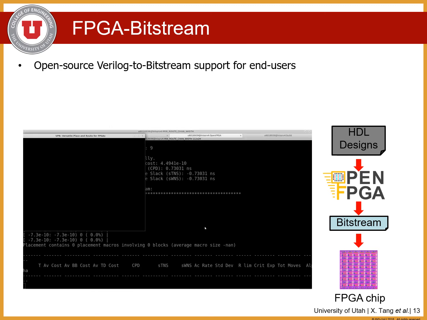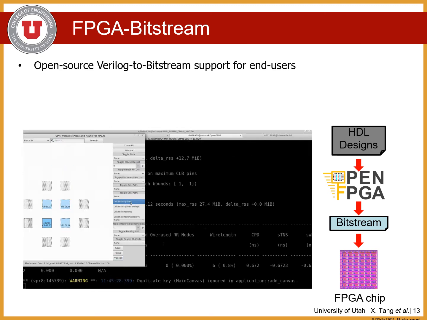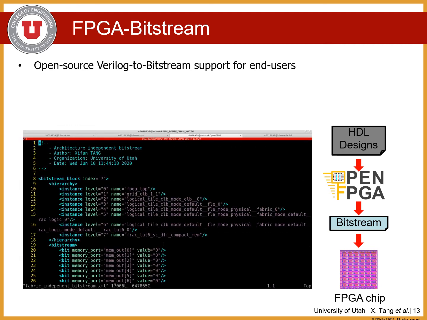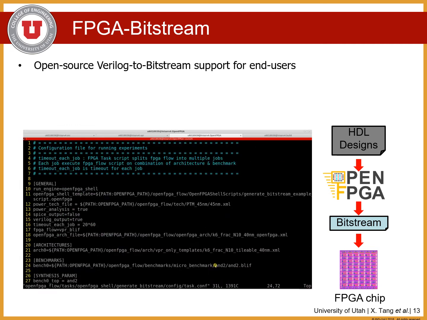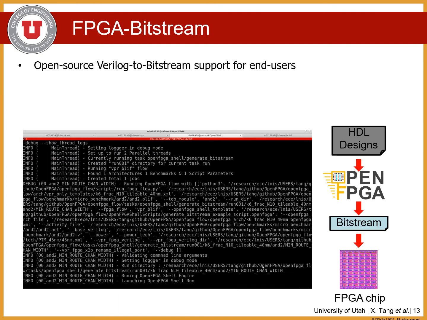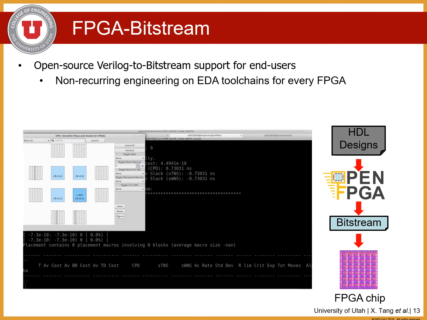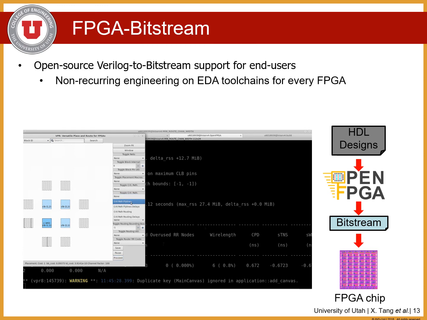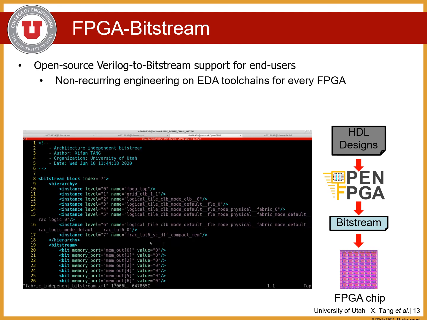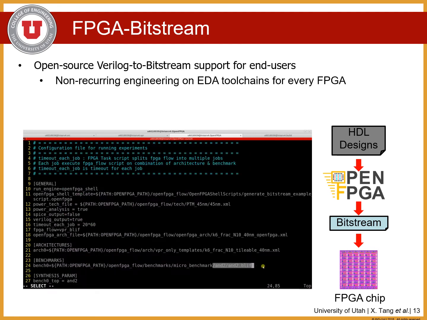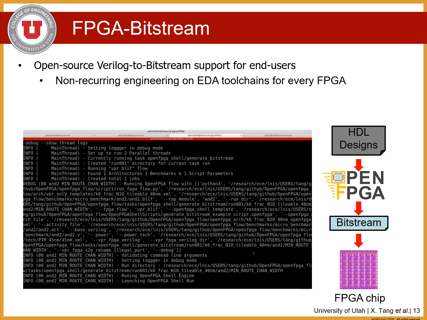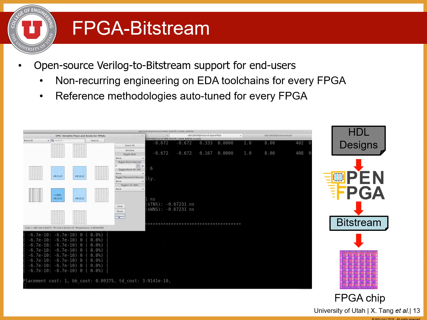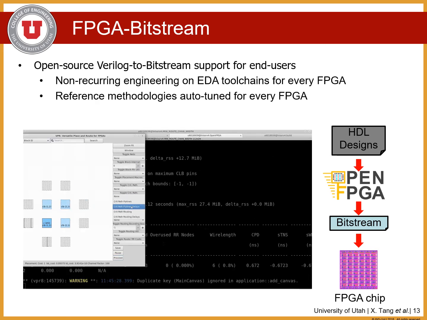FPGA-Bitstream is another tool integrated into the OpenFPGA framework, which aims to offer open source Verilog-to-Bitstream conversion for end users. So this one offers non-recurring engineering on the EDA toolchains for any FPGA you can model in the OpenFPGA framework. It means once the architecture is done, the EDA toolchain is ready to use.